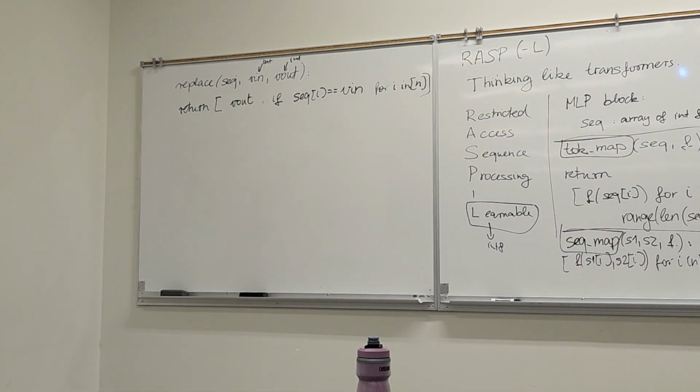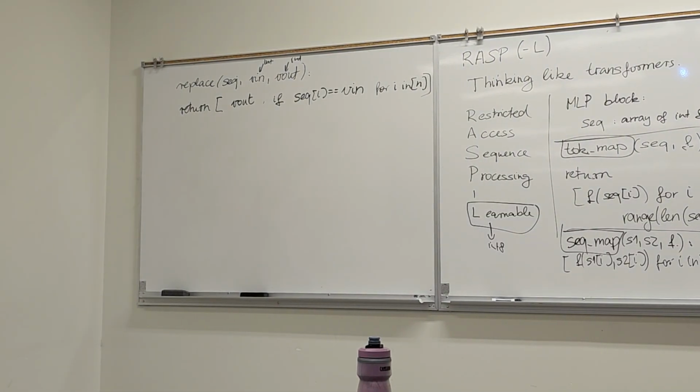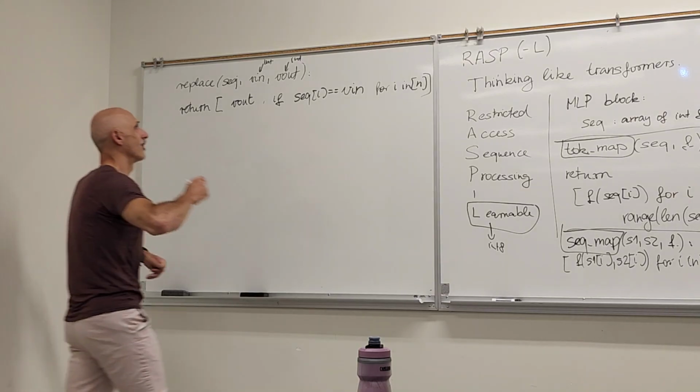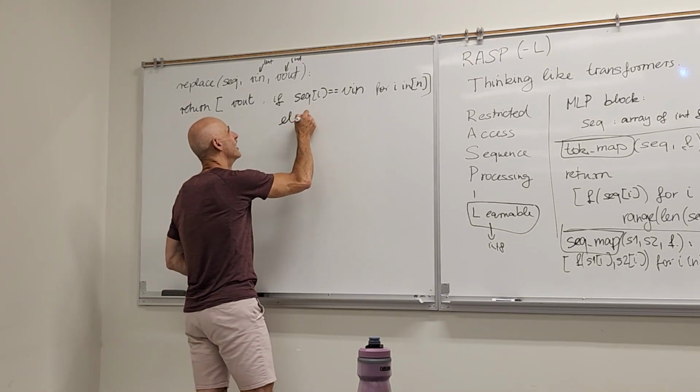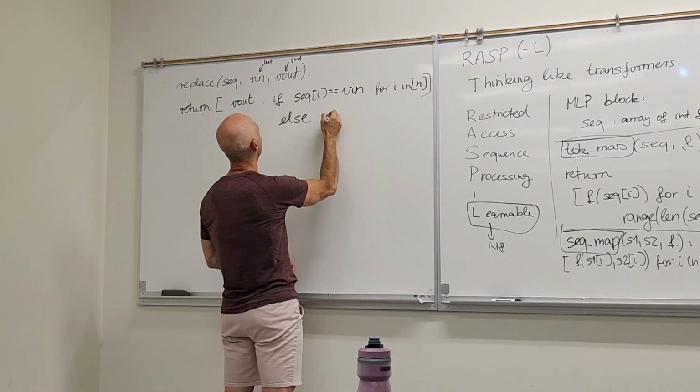Okay, so everyone think about the problem. So what should that return for a sequence where it's not equal to v in? Should it return the original element? Yes, it returns the original one.